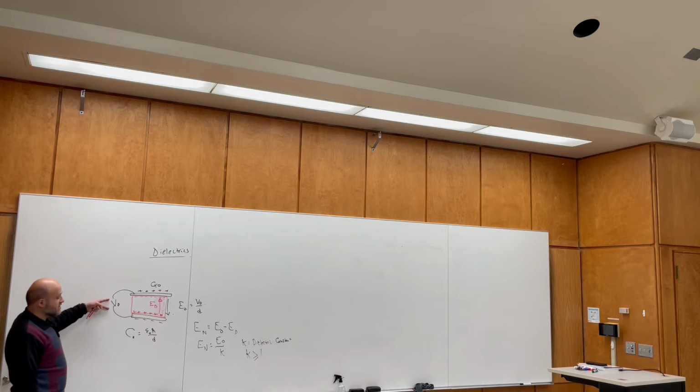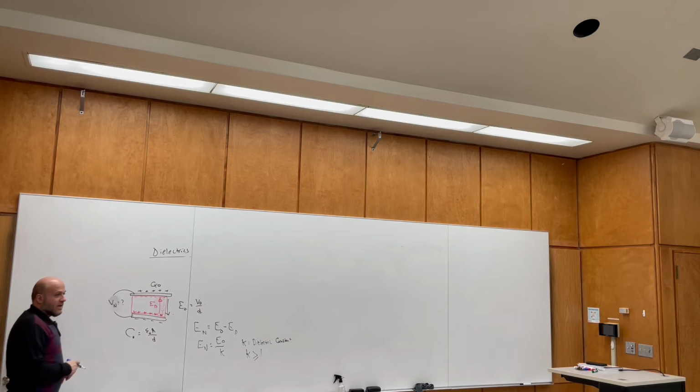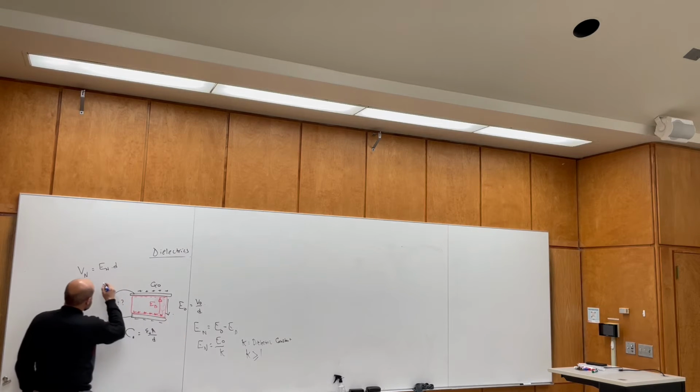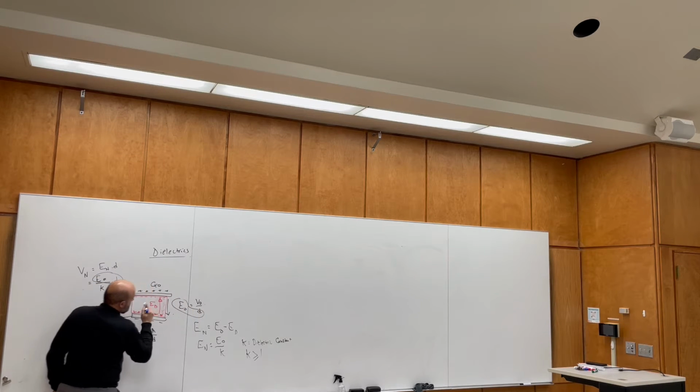What about the voltage? Of course, if the battery stays connected, the voltage between the two plates stays the same. But what if I disconnect the battery? What is the new voltage now? The new voltage is the new electric field times D. And the new electric field is E0 over K, times D. But E0 times D is just V0.